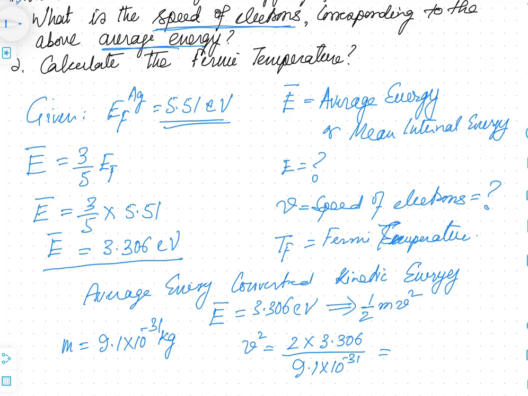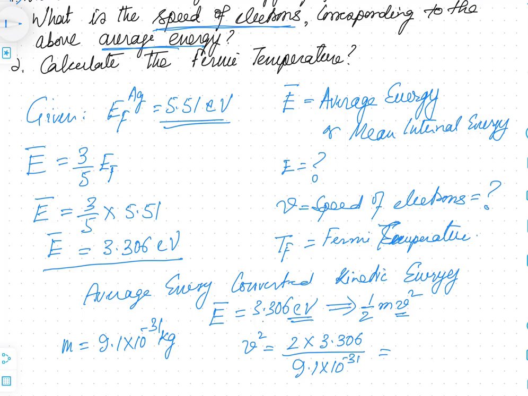Now, if I substitute this, I get the value of speed which will be incorrect. The reason is that the unit of energy on the left hand side is electron volt, and to have the speed of electron in meter per second, you have to convert this electron volt into joule.